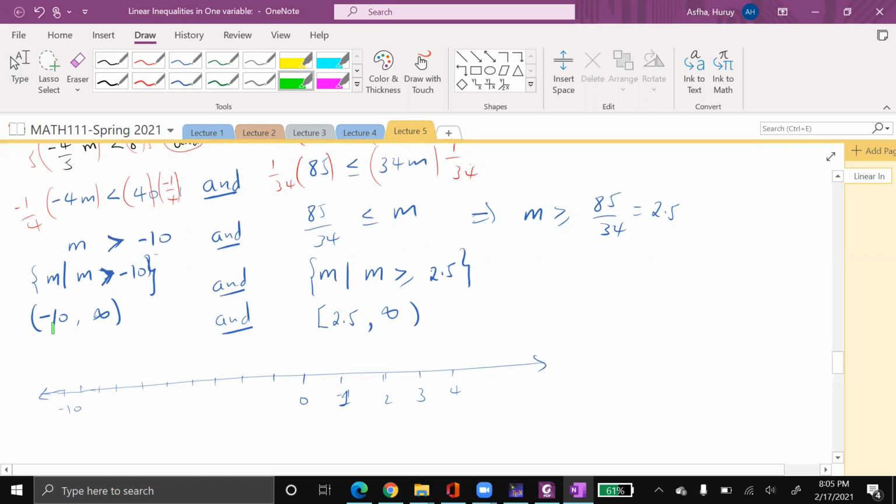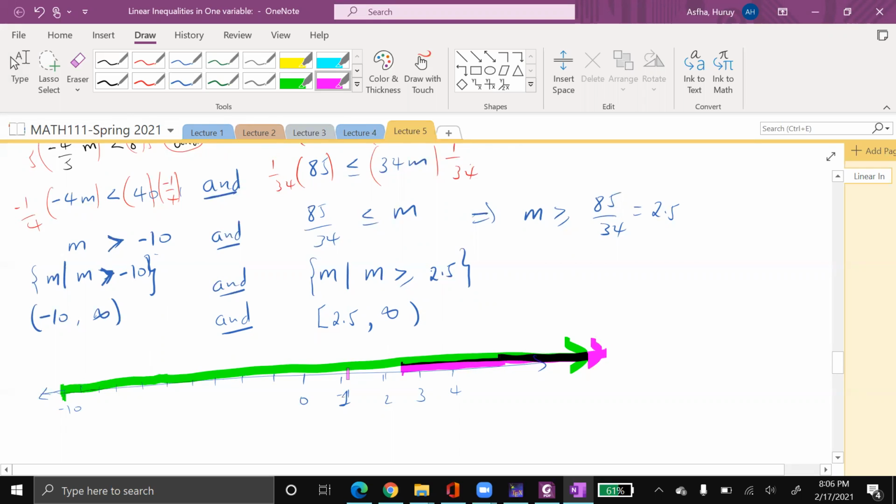The first one is from -10 to +infinity, so I would start from here. And the other one, you start from 2.5. 2.5 is halfway here. And again, that one goes to the right because it's to +infinity. Okay, so we have these two lines.